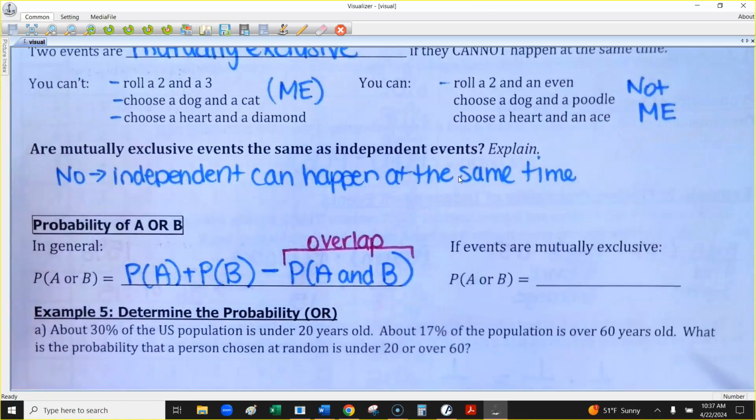We wouldn't want to count the probability twice. That'll make more sense, I think, in a second when we work on these examples here.